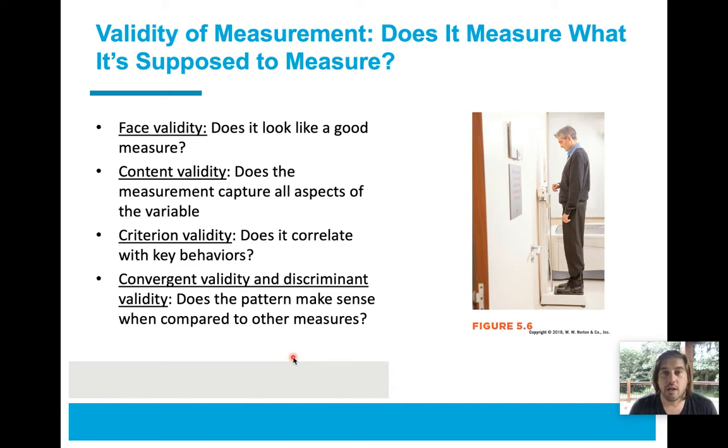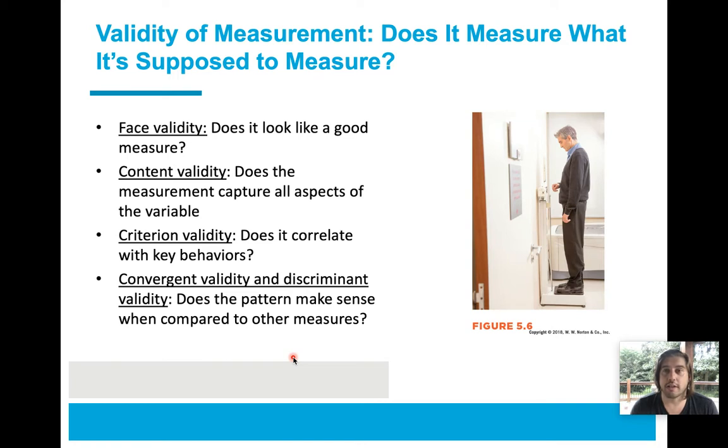Oftentimes when we collect data in the lab, there's a question about whether those data in the lab will match up with real life behaviors. We've discussed this a little bit, talking about sensitive data and health behaviors, such as smoking or drinking or maybe unprotected sex.